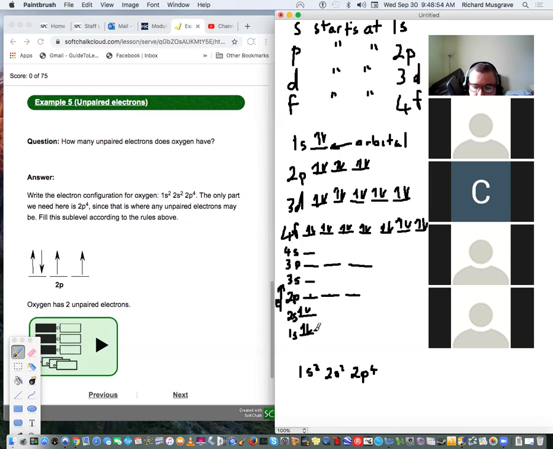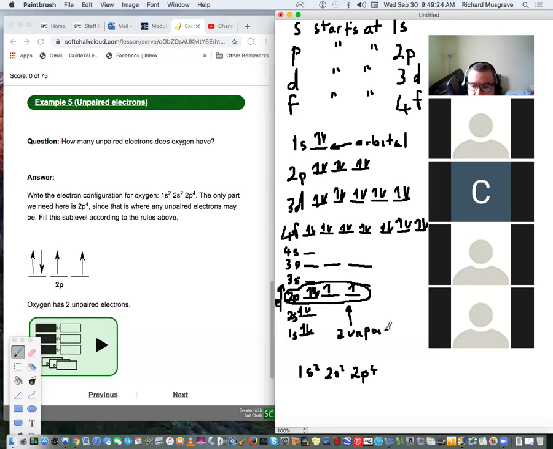So there's our 1s2, 2s2, and now we need 4 electrons in the p orbital. So we do 1, 2, 3. Remember, we have to do one at a time first, and then put the fourth one in the first one here like this. And if we're looking for the unpaired electrons, the only place they could ever possibly be would be this orbital right here, the topmost orbital, because all the other orbitals will be filled. They'll always be paired. So this one would have 2 unpaired electrons.